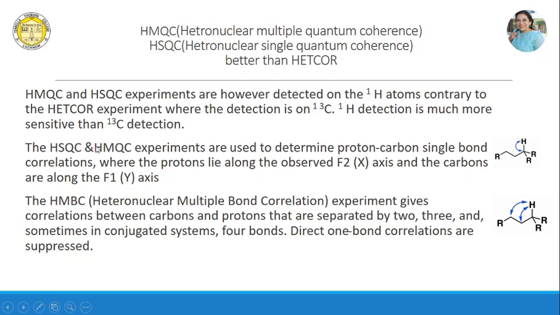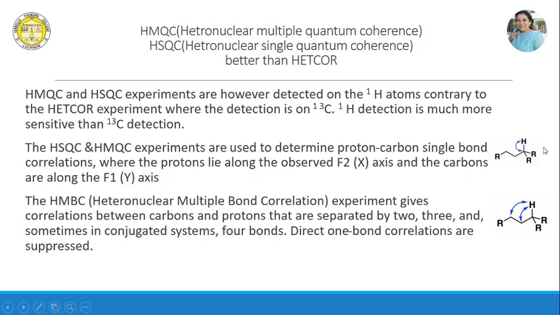So the HSQC and HMQC experiments are used to determine proton-carbon single bond correlation, where the protons lie along the observed F2, that is the x-axis, and the carbons are along the F1, that is the y-axis. When I talk about carbon, I am talking about CNMR, and when I talk about protons, I am talking about PMR.